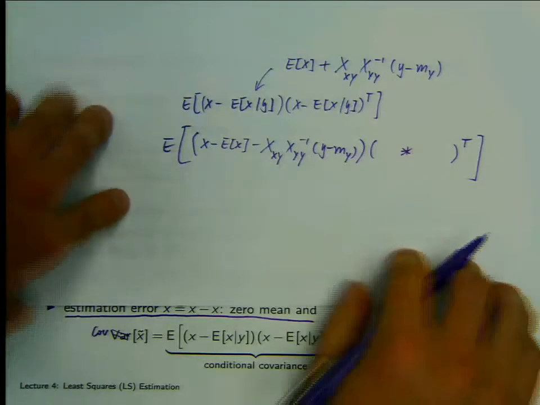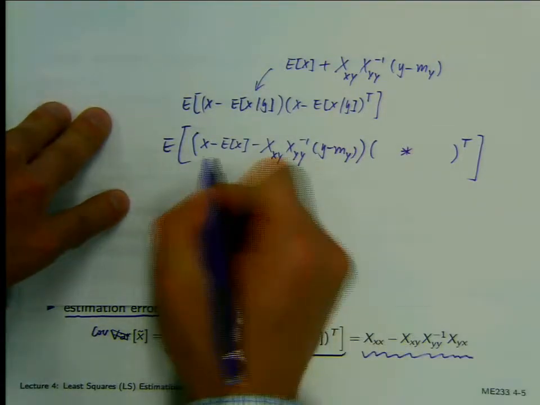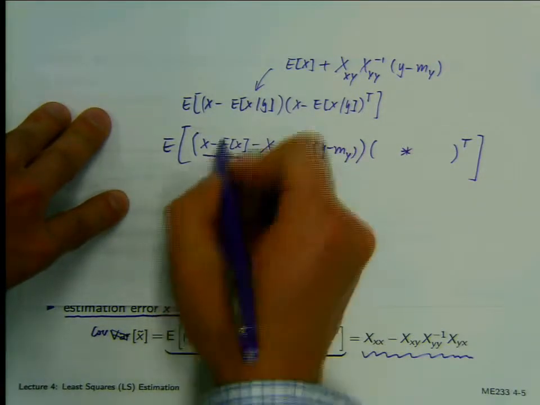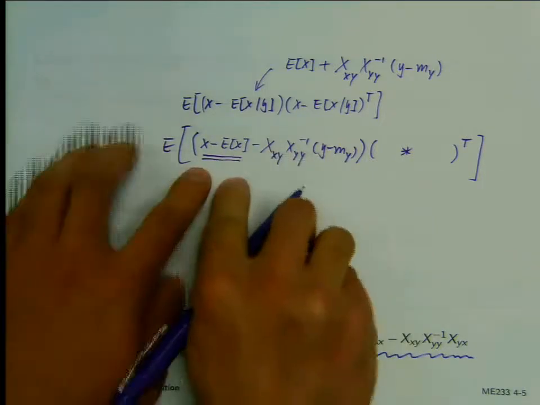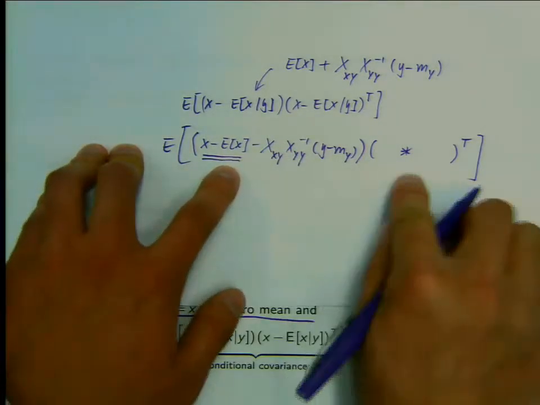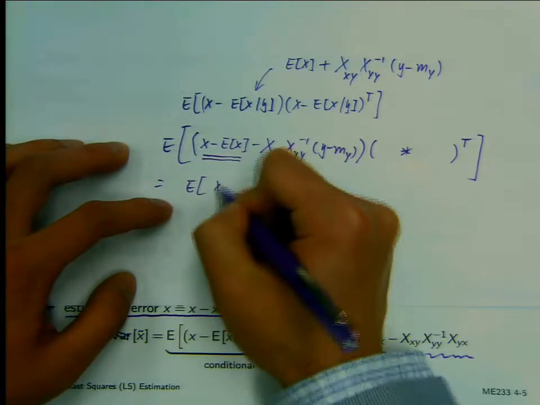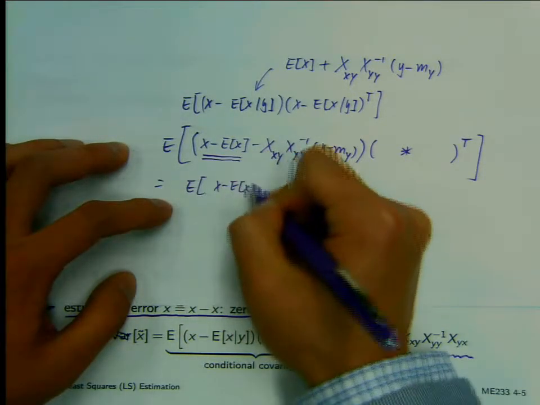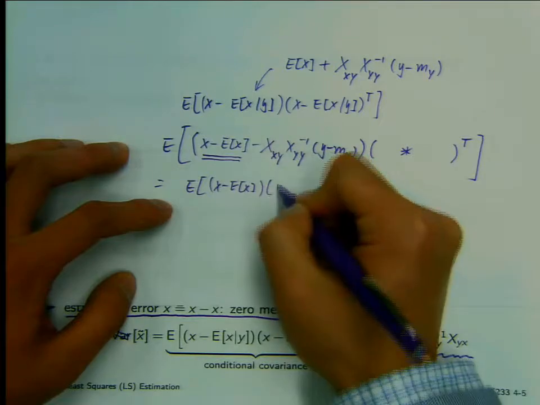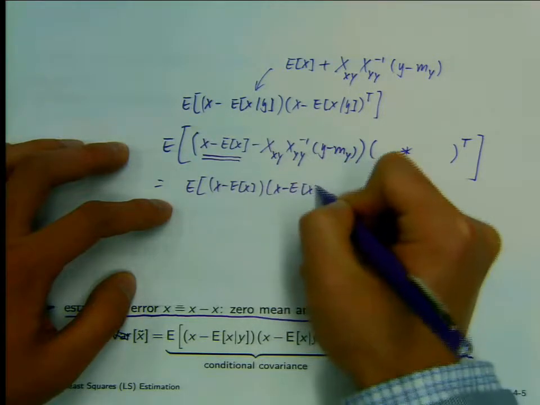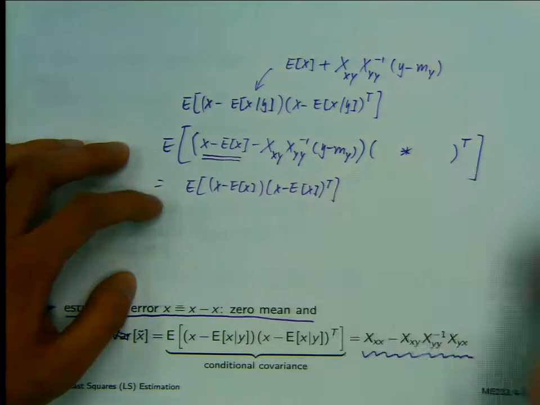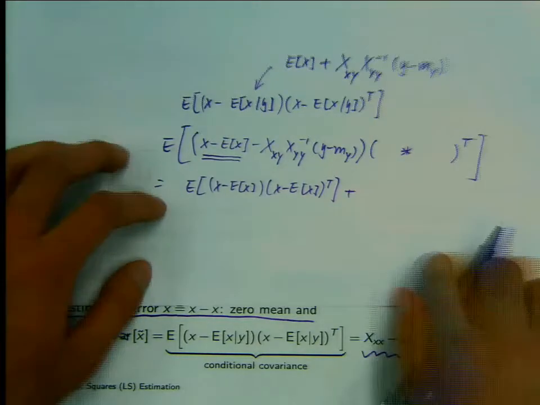Okay. The first term, after the product with the transpose itself, is going to give me the expectation of x minus Ex, x minus Ex transpose. Then there will be another product.